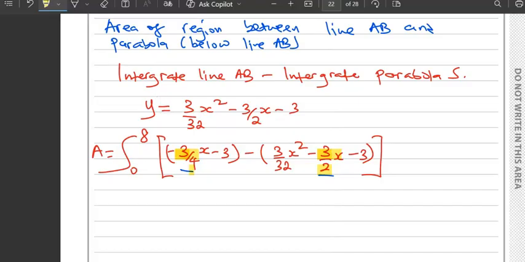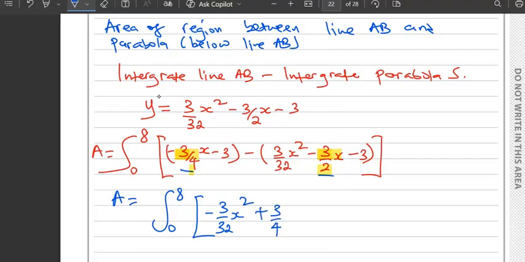So what we'll have here is the area as the integral from 0 to 8 of negative 3 over 32 x squared plus 3 over 4 x, with respect to x.